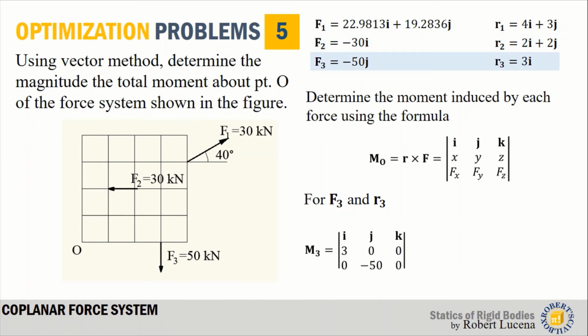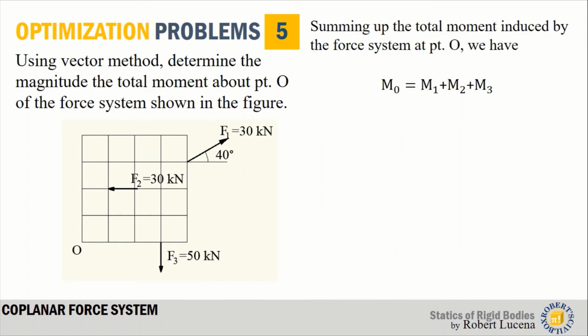The same process applies for M3, substituting x is 3, y is 0, k is 0, and for this one 0i and negative 50j and 0k. Now getting vector M3, we have M3 equals negative 150k, and the magnitude of vector M3 is negative 150 kilonewton meter.